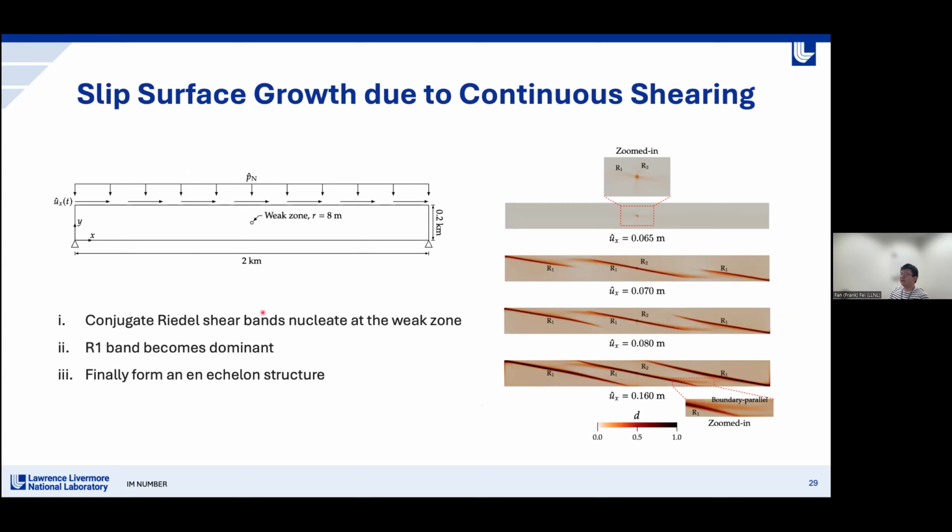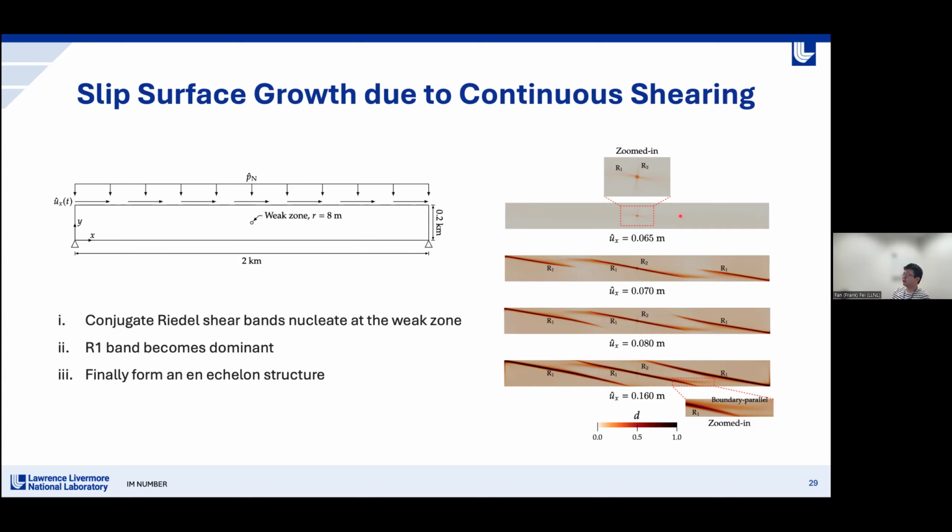And after the verification for modeling this fault rupture, we also want to take advantage of the phase field method to model the growth of the fault slip surfaces. So we designed this example under a continuous shearing. And to facilitate the growth of the slip surface, we assign a weak zone with lower cohesion at the center of the domain.